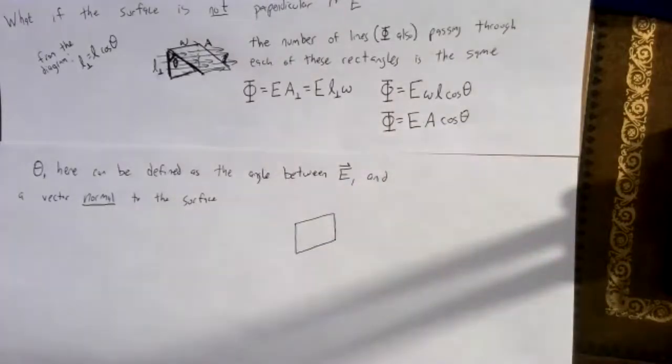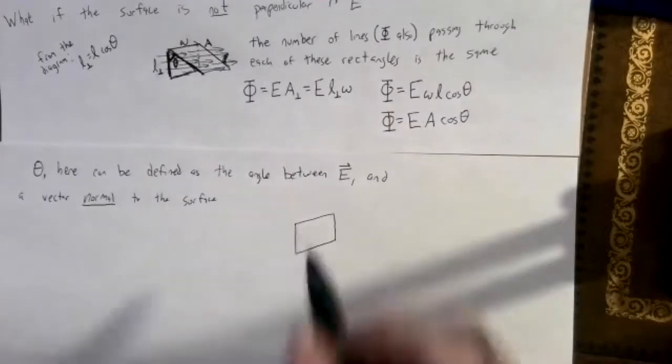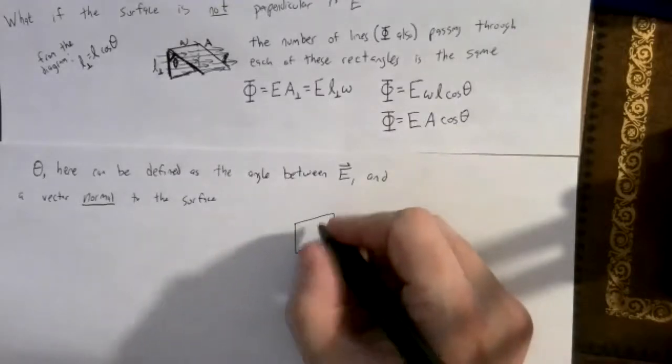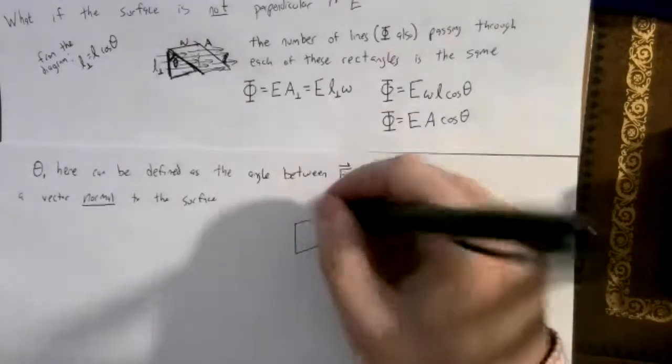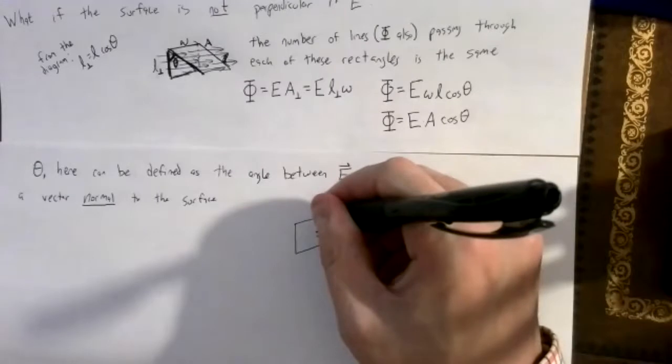That can help us give a direction, because the only way to really specify what direction a surface like a rectangle is facing in space, if you orient it, would be by using this vector that's normal to the surface. It's hard to draw in 3D, but this vector would be pointing kind of outwards like this, so that it's perpendicular to the surface here. And we would call this our vector A.